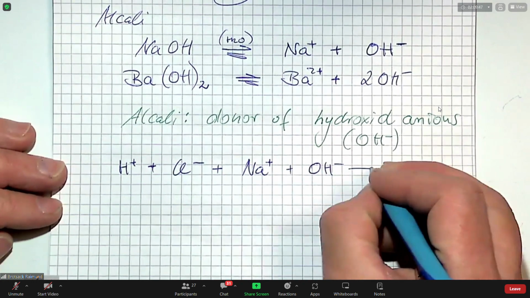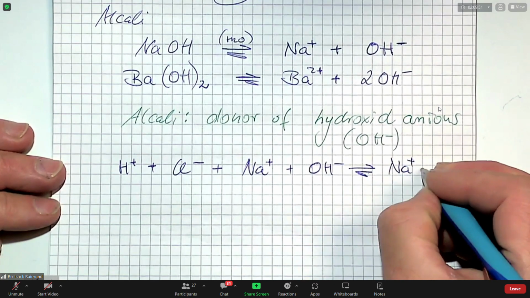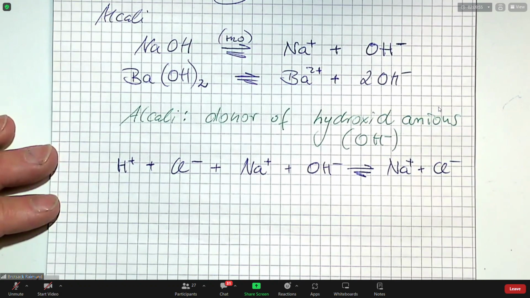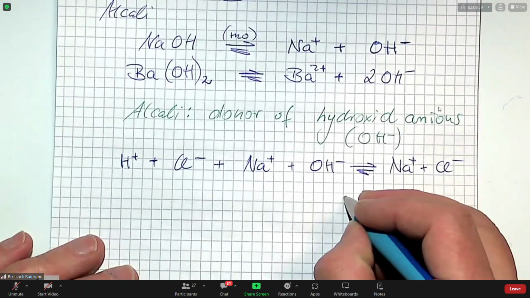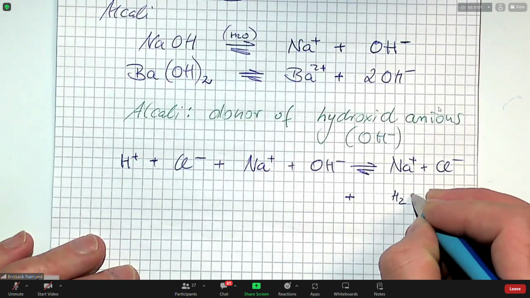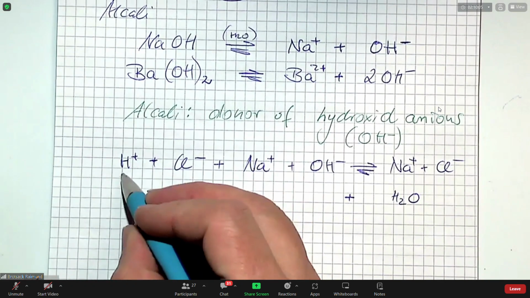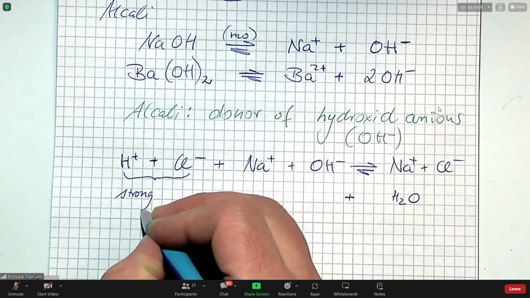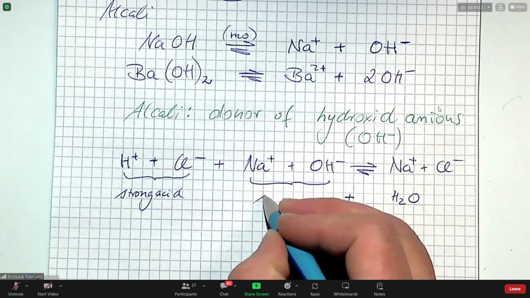And you're right, when we add it, we have the Na plus ions and the Cl minus. So that is in solution common salt plus H2O. Now that is a strong acid, and that is a strong alkali.